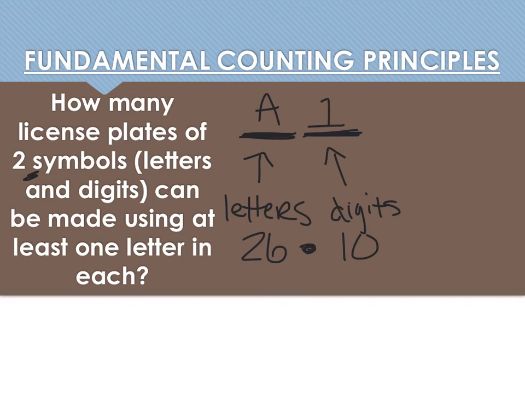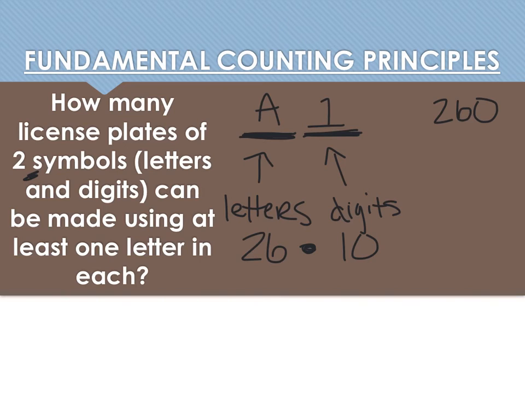So if we multiply using these fundamental counting principles, 26 times 10 is 260. So there's 260 so far that uses at least one letter in each symbol. So I have letters and digits.